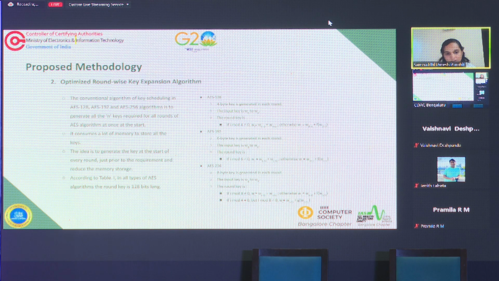So the idea is to generate the key at the start of every round, just prior to the requirement, and then reduce the memory storage consequently. So we propose this algorithm, which means we are generating every byte of key at the start of the round, and this is the summary of that algorithm.